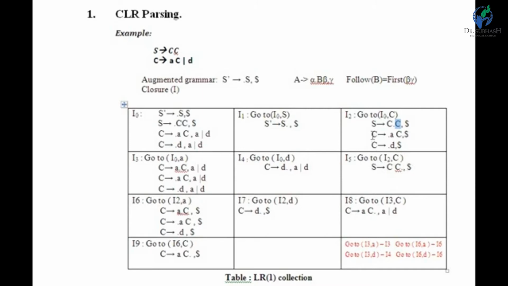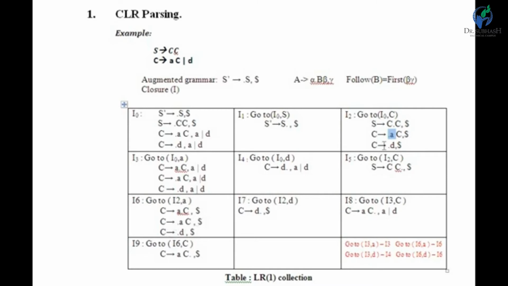Then move I2 on A. Your production is C gives A dot C, comma dollar. After the dot you have a non-terminal, so put the productions of that non-terminal: C gives dot A C, comma dollar, and C gives dot D, comma dollar.